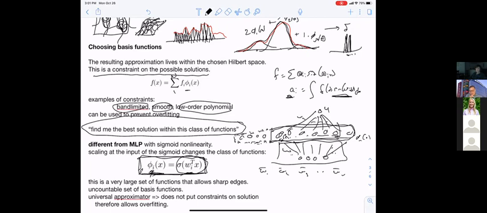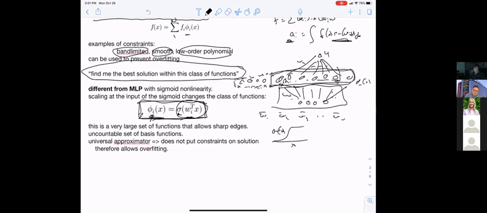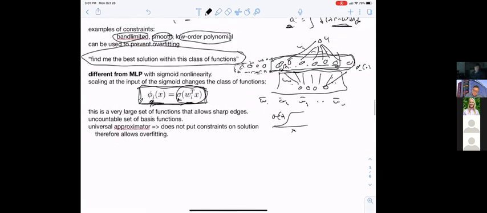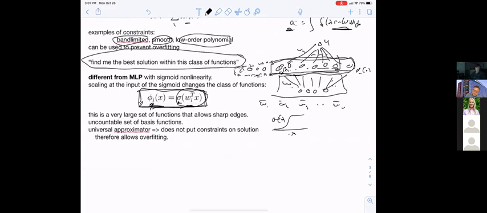Now, one of the reasons that's important is because if you look at, suppose sigma here is a sigmoid nonlinearity, and so this is sigma of x, right? But I can do things to this, like I can make x very big, right? I could look at sigma of, say, ax, where a is a very big number. We'll look at this as a goes to infinity.